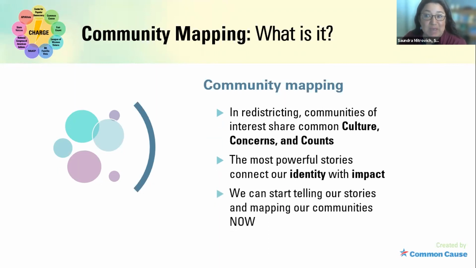We can start this community mapping now, before the 2020 census data for redistricting is released, and we really want to encourage that. We can use American Community Survey data and free mapping apps to bolster the cases we're making for each of our communities. In the next slide, we're going to look at an example of those 3 Cs of culture, concerns, and counts.